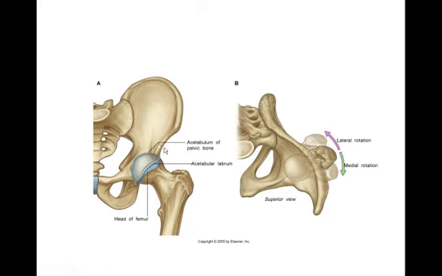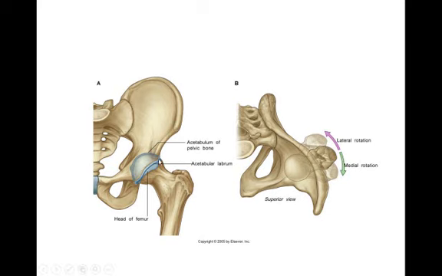Even if we look back at this picture, you can see the head of the femur sits very deeply into the acetabulum. That's incredibly different from the glenohumeral joint, where the glenoid fossa is very, very shallow. Remember, in the shoulder as well, only about 1/3 of the head of the humerus actually articulates with the glenoid fossa at any one time.